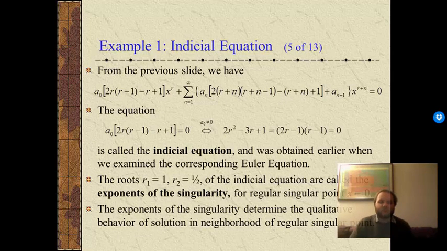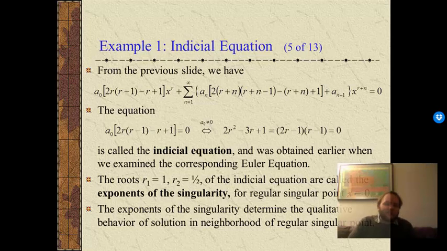Now, since we're no longer dealing with just Euler, it has a very special term, the indicial equation. And like I said before, it refers back to its Euler equation type characteristic solution, and those R values are very important. It's very easy to solve for those R values in your characteristic type equation, and those will be your important R's, your x to the r plus n. You can solve later.